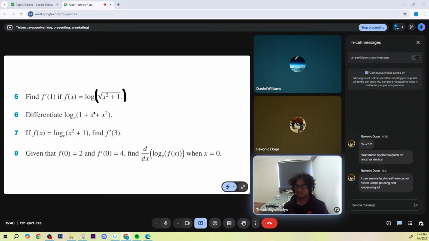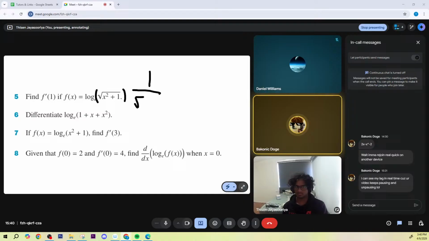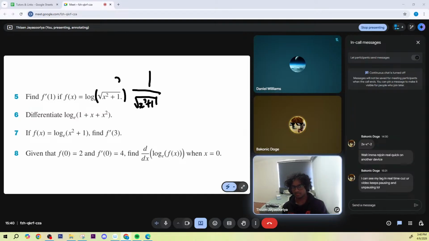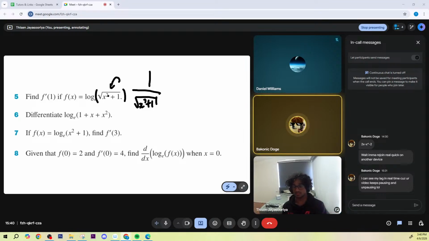Joe, I'll ask you, what is the derivative of the ln part of this function? 1 over u, which is 1 over the square root of x squared plus 1. Then what's the derivative of the inside? How can we rewrite this into a full derivative?